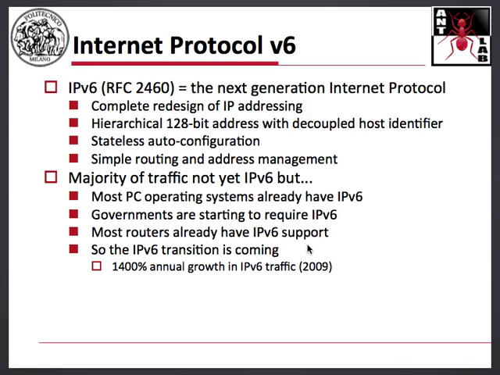Then there are some more features which have been added to the version 6 standard, which are not listed here, but which deal with security. It means that you don't have security embedded into the IP version 4 protocol. Let me rephrase it.